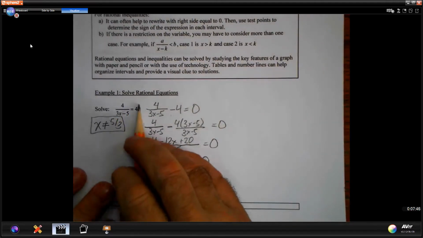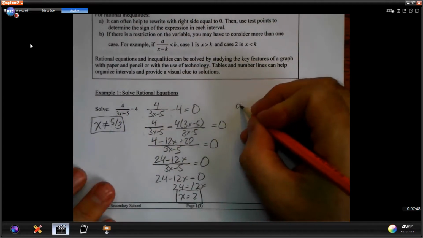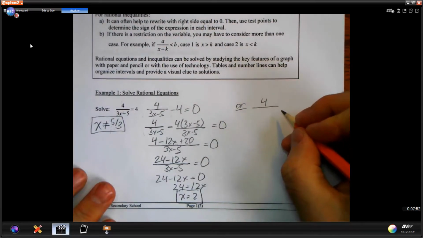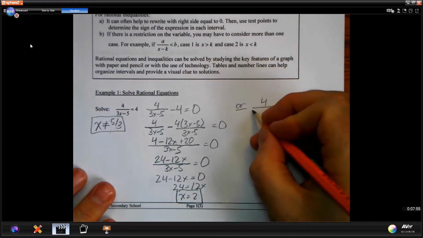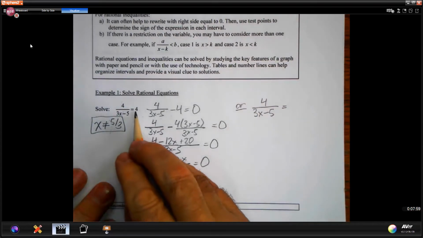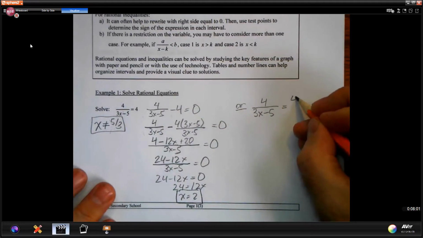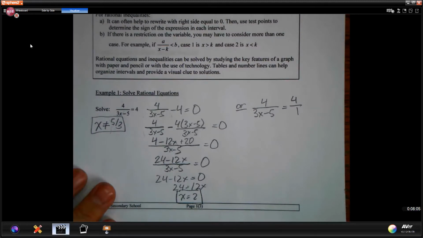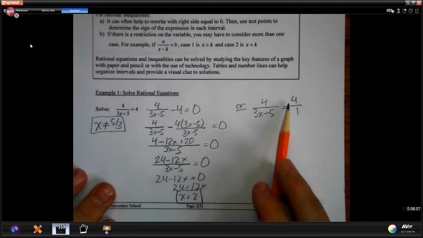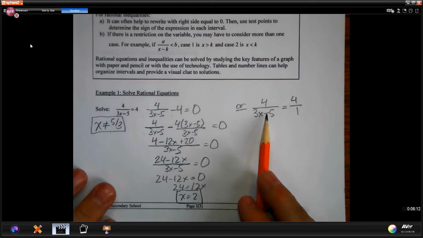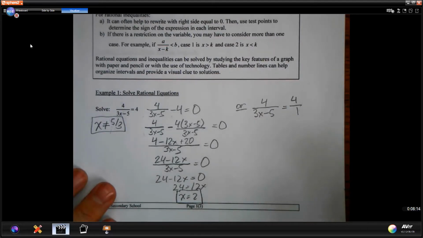For this type of form here, there is another way of doing this, and it's probably a way you could have done back in grade 9. Just think about 3x minus 5 equals 4. Well, I could make the 4 a 4 over 1. Now I think one thing you could do is, well, these are both the same on the top, so these have to be the same. You could set those equal, but that's a rare situation.